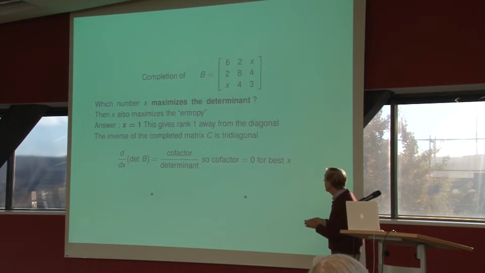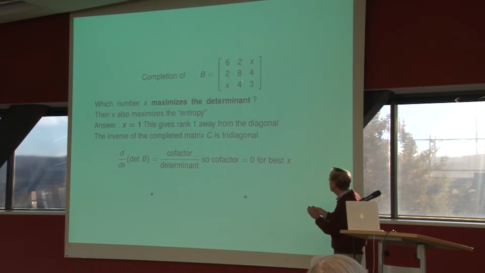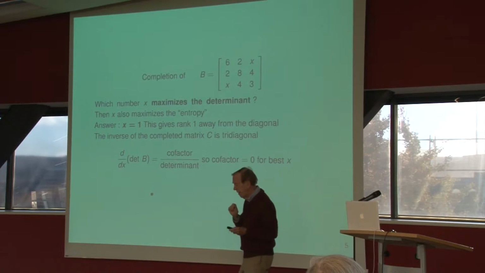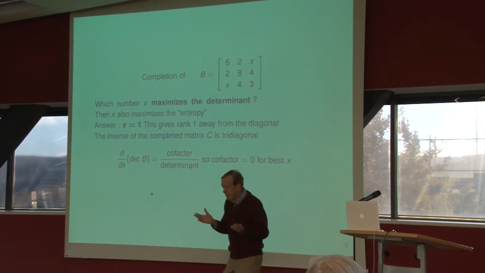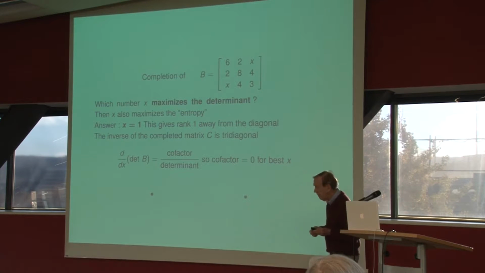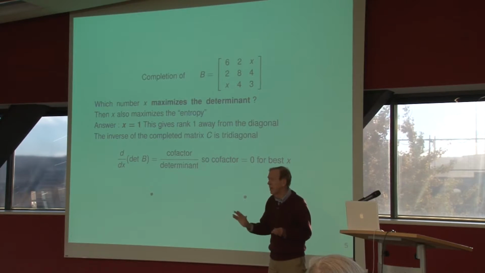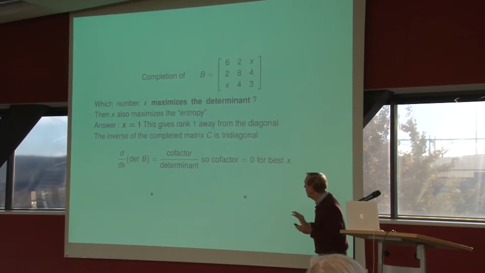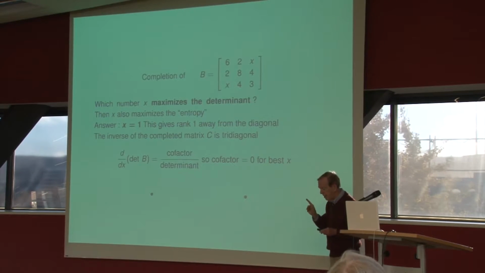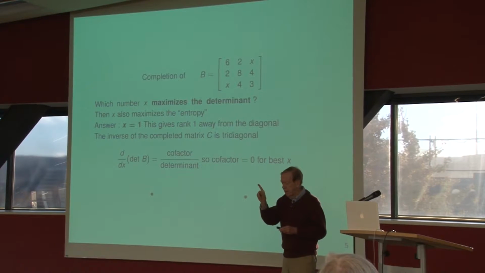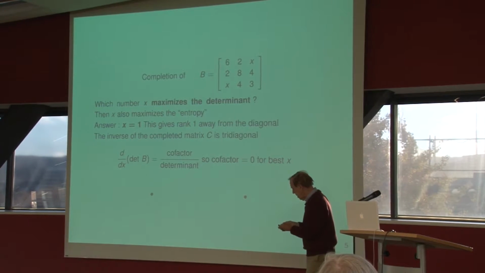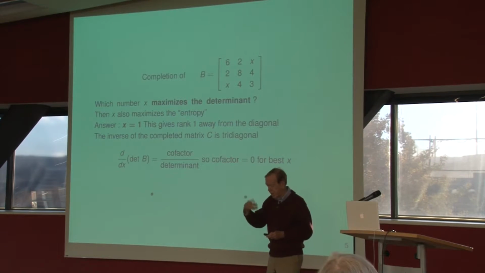A good choice is the number that makes the determinant a maximum. Interesting that the determinant plays a big part here, because for so much of numerical linear algebra, Cleve Moler, the previous Charlemagne lecturer, would say never take the determinant in your life. But here, the determinant is connected to the entropy in a Gaussian distribution.